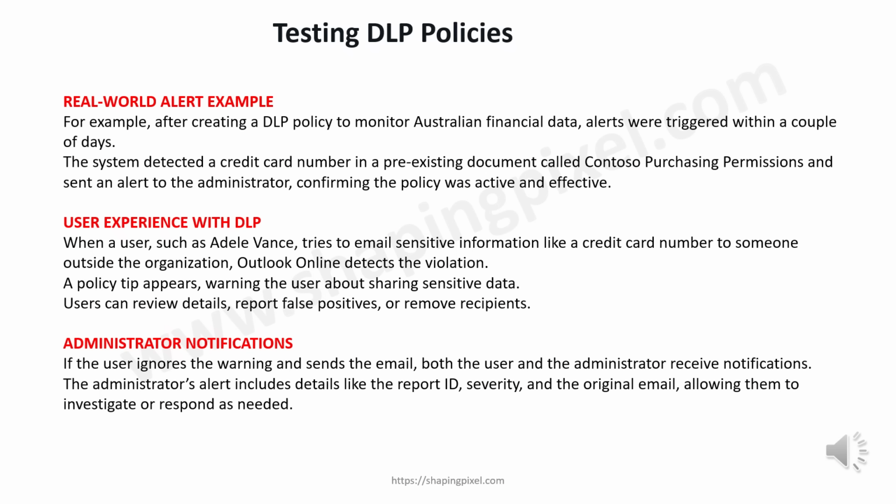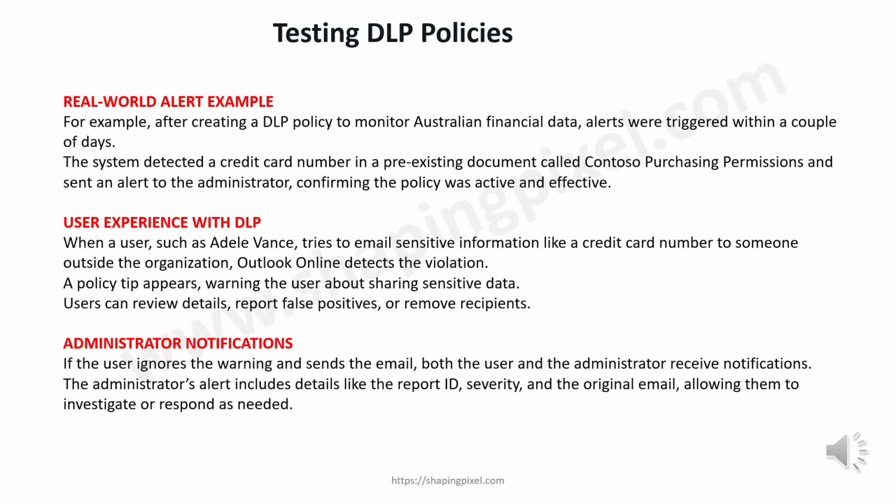Data Loss Prevention, or DLP, policies in Office 365 help organizations protect sensitive information, like financial data, from being shared inappropriately. After setting up a DLP policy, it takes some time to activate and propagate across your Office 365 environment.